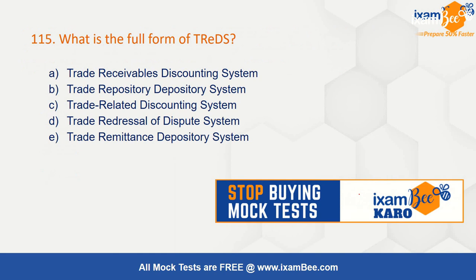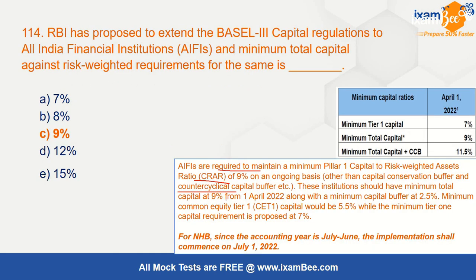So these institutions should have minimum total capital of 9% from April 2022, along with a minimum capital buffer of 2.5%. Minimum common equity tier 1 capital would be 5.5%, while the tier 1 capital requirement is proposed at 7%. For NHB, since the accounting year is July-June, the implementation shall commence from 1st of July.